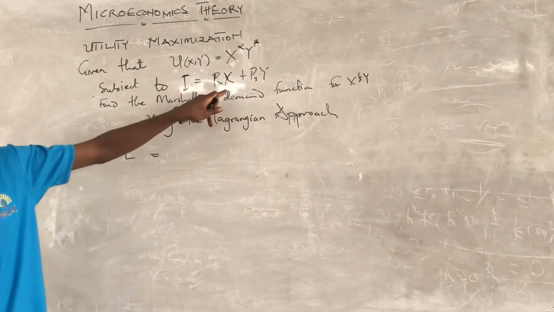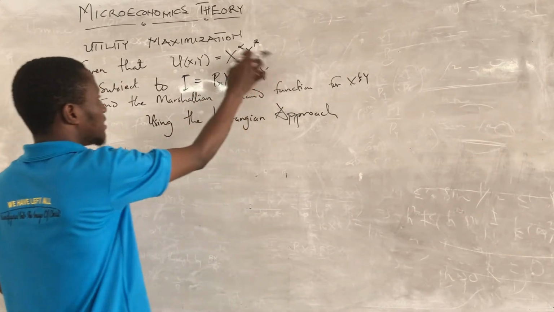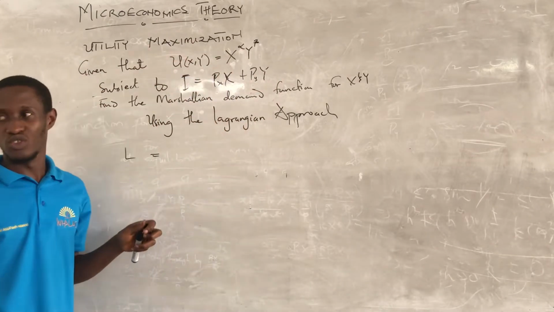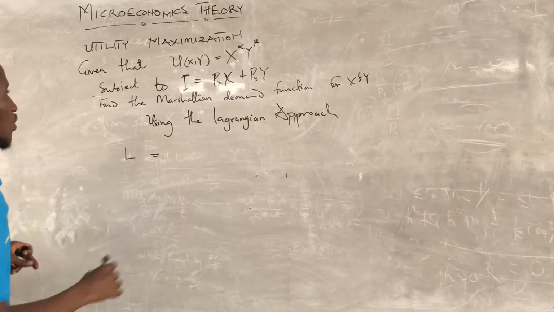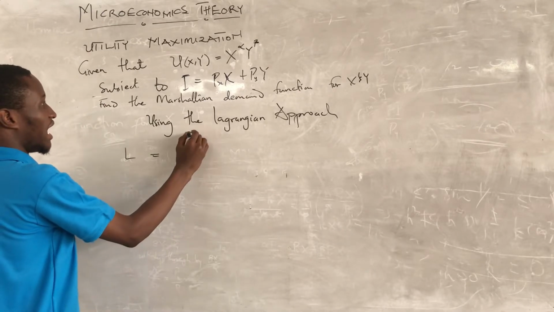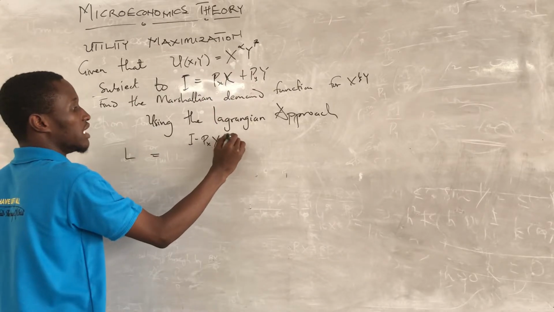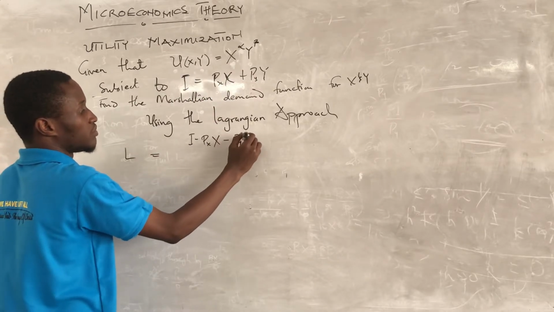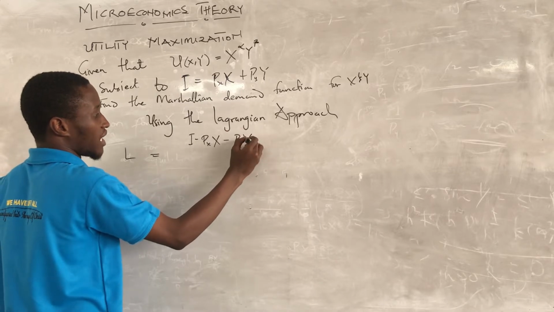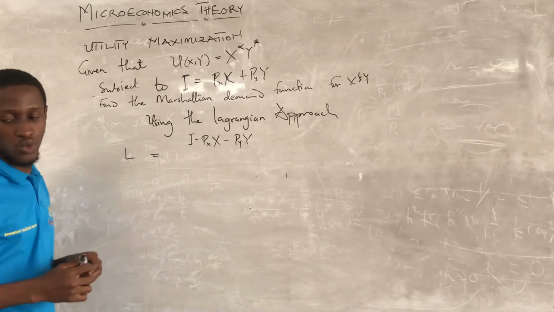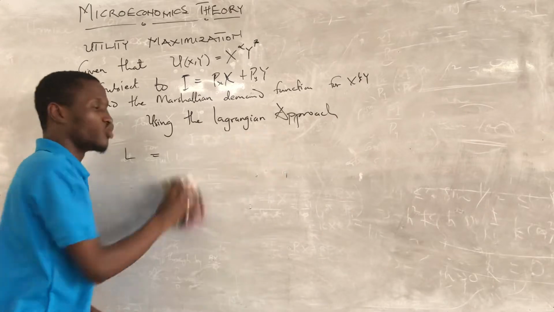We now will send this one here and make it equal to 0. So when I bring this one here, I have I minus bx x minus by y. That's what we put in. And we introduce a multiplier.